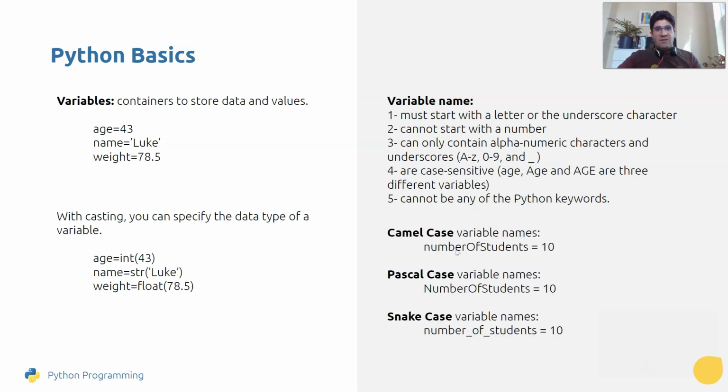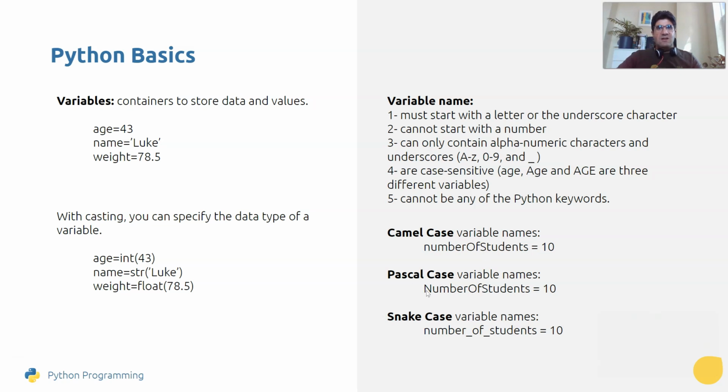If your variable name consists of multiple words, you can use one of these three or maybe more options to make them more readable. We have the camel case variable names. In this technique, we keep the characters in the first word all in lowercase, but the rest of the words have a capital character as the first character.